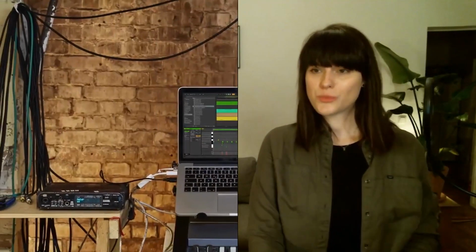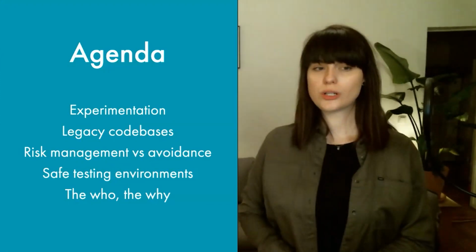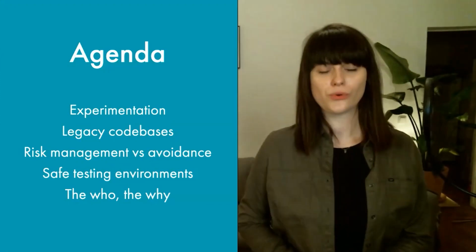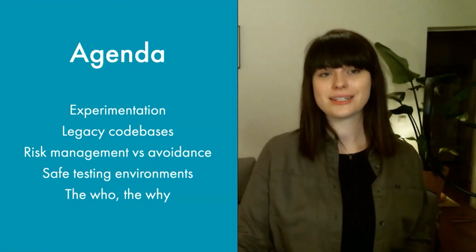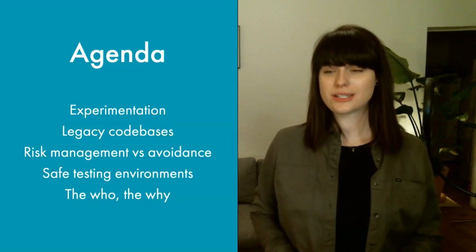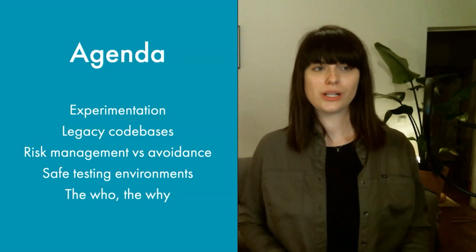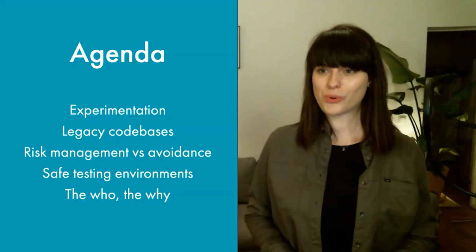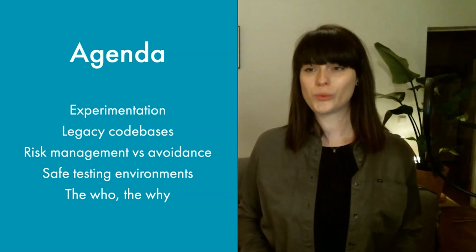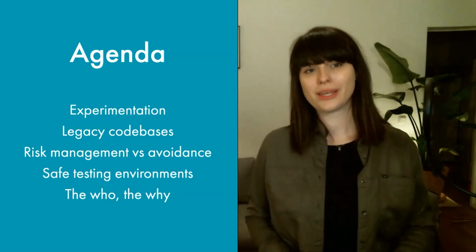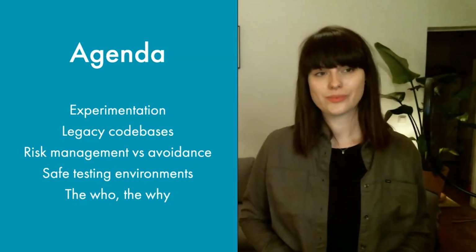So now let's move on to the agenda for today. We'll start by looking at different tools for effective experimentation and discuss processes around prototyping. Then we'll look into ways of approaching large legacy code bases and overcoming challenges they entail.